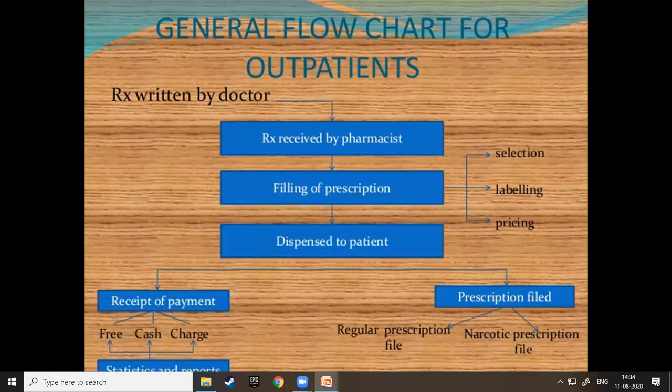This flow chart you also write down in your notebook. The prescription is handled by the pharmacist, who fills the prescription, sorting out the medicines written in it: selection, labeling, pricing, dispensing to the patient, and handing it over to the patient.